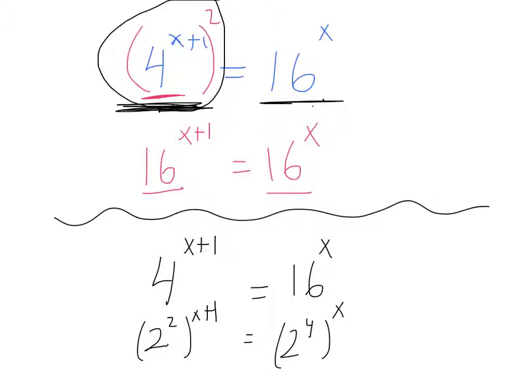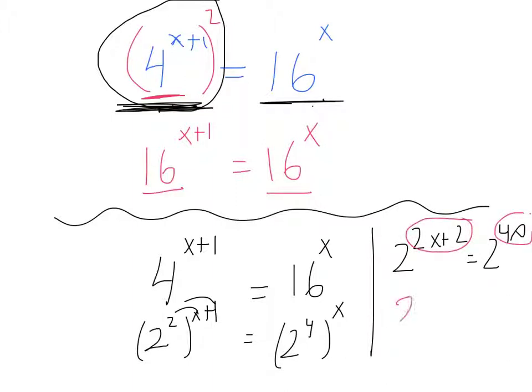So you essentially have 2 to the 2x plus 2 equals 2 to the 4x, and now you can use the method we've been using of just making the exponents equal to each other because the bases were the same. But as you see, you want to go lower, if anything, than the bases you already have, not higher.